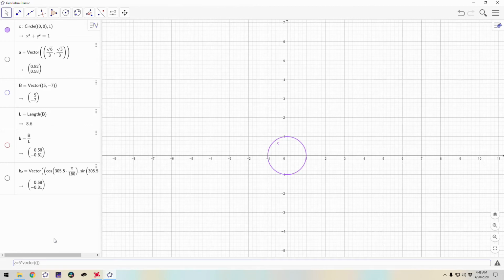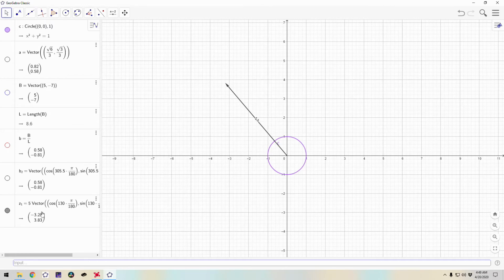And then the vector is going to have the point of cosine of the 130 degree angle times pi over 180 to make it the correct thing there, comma, sine, again, the 130 degree angle times pi over 180. So there's our z vector.